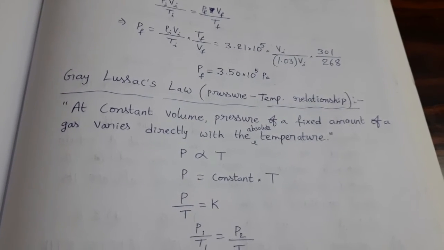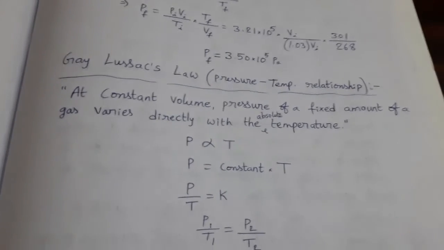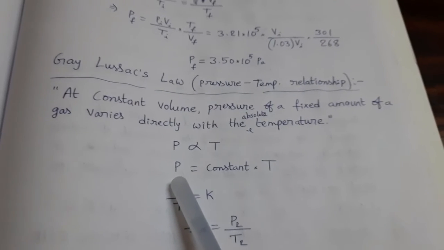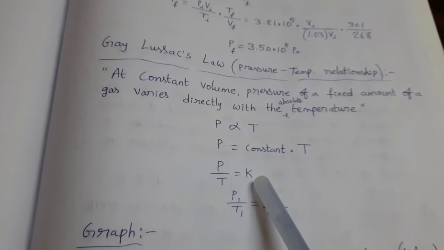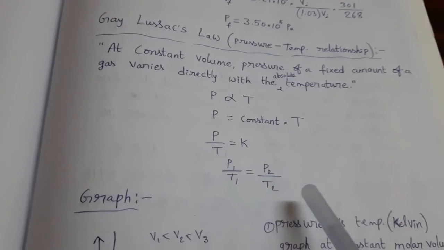So pressure increases, temperature increases, or temperature increases, pressure also increases. So P is directly proportional to temperature. Pressure P equal to constant into T. P by T equal to K. So the general formula is P1 by T1 equal to P2 by T2.